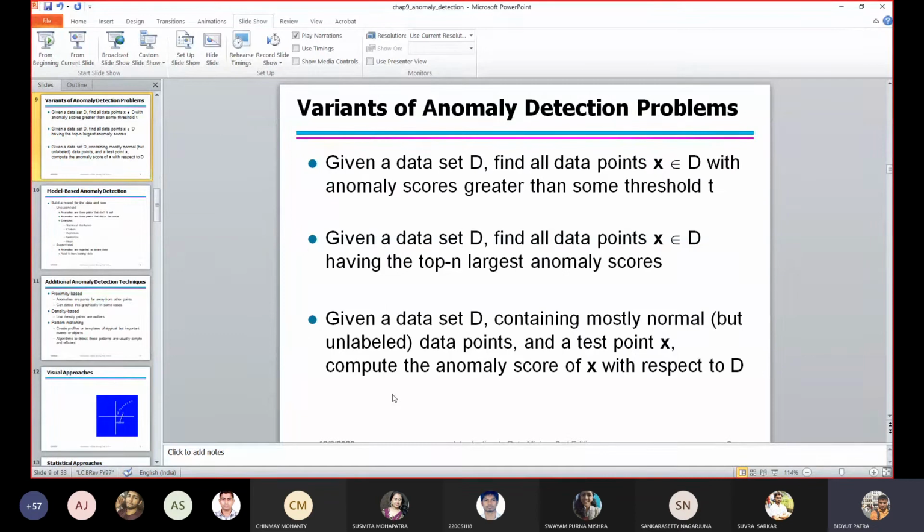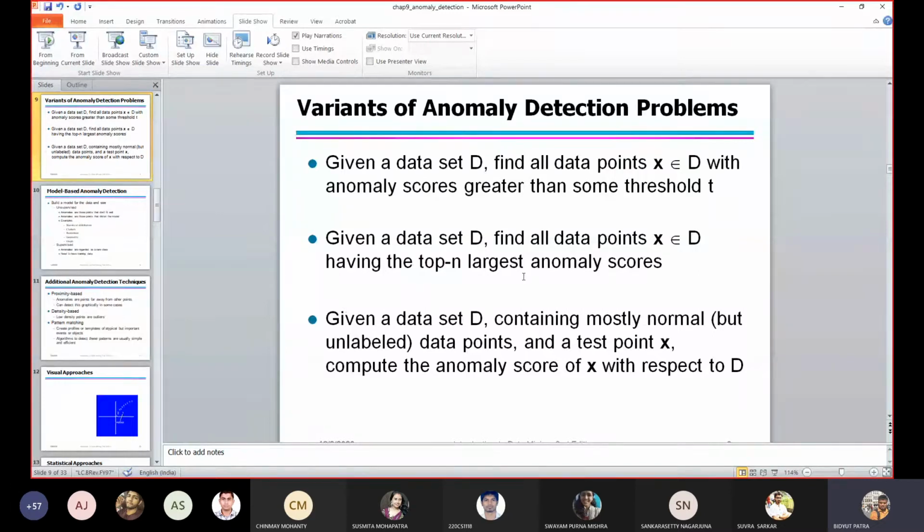So here is the definition of the anomaly detection problem that we generally follow. Given a dataset D, find all data points X with anomaly score greater than some threshold T. So you are given a set of data, you find the anomaly score for each point, and if the anomaly score is greater than some threshold value, we consider those points or objects to be anomalies or outliers. Another version: given a data set D, find all points X having the top n largest anomaly scores.